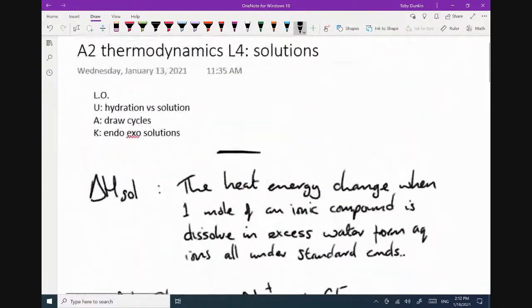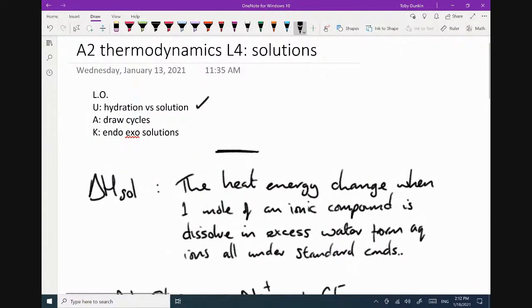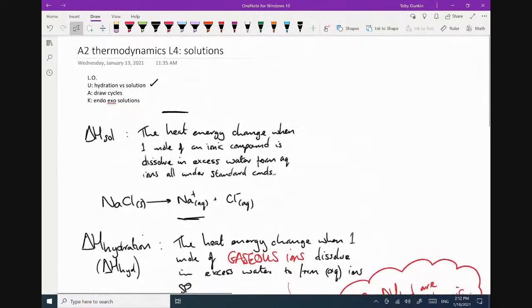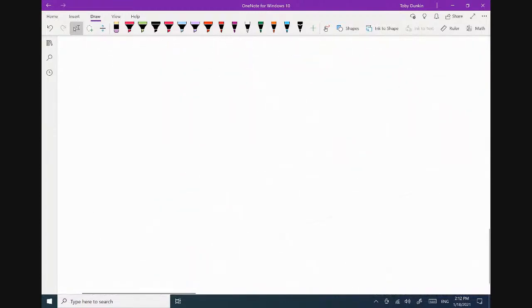Okay, so we now have a definition and understand both of these processes. So what is this whole idea of a cycle? By the way, you can put solution cycle.